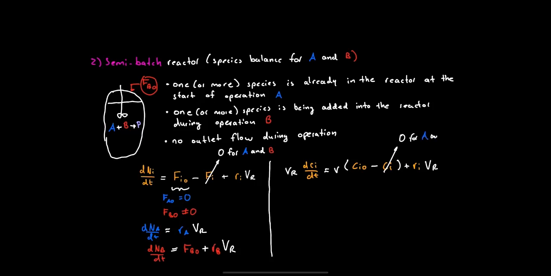This is true for A and B. And the product of the volumetric flow rate and the concentration at the inlet, which is Fi0, so the volumetric flow rate times the concentration of the species A at the inlet, CA0, which is equal to the molar flow rate at the inlet, is going to be equal to 0. And the volumetric flow rate times the concentration of the species B at the inlet, which is the molar flow rate FB0, is not 0, which we discussed before.